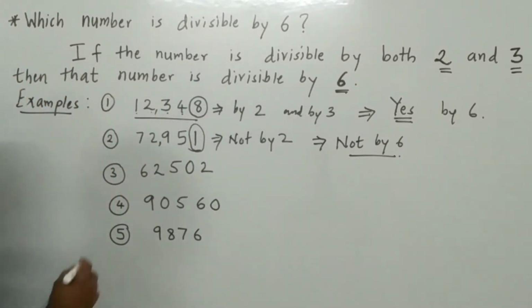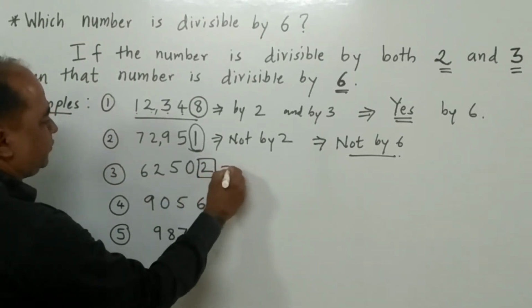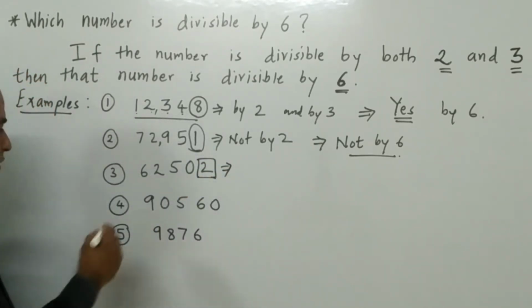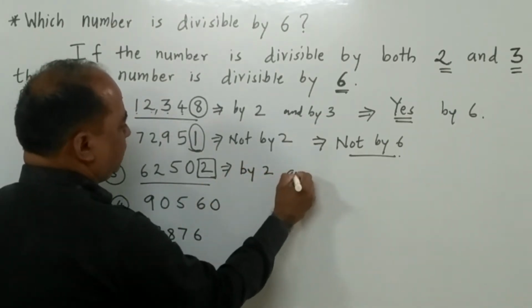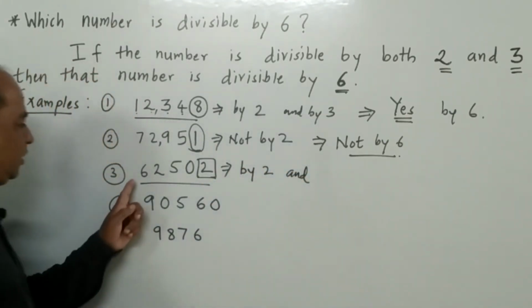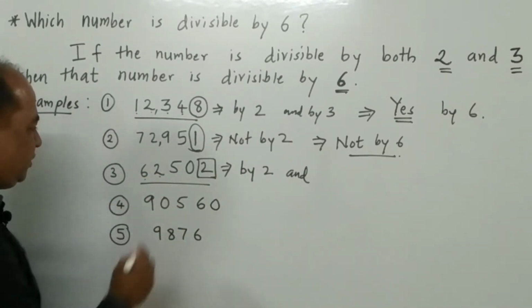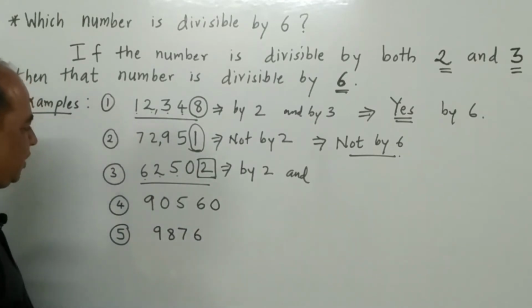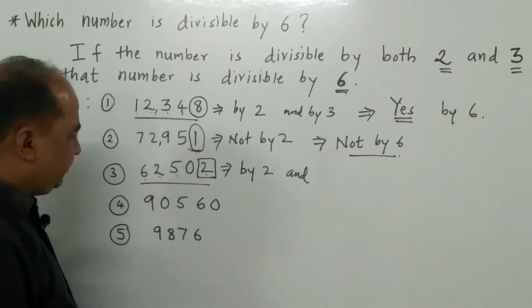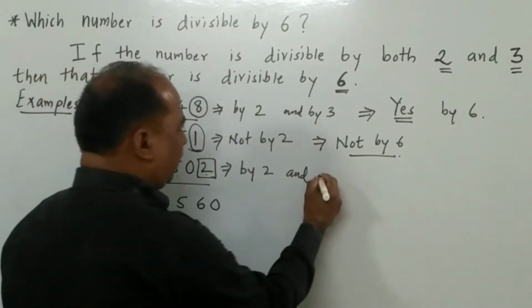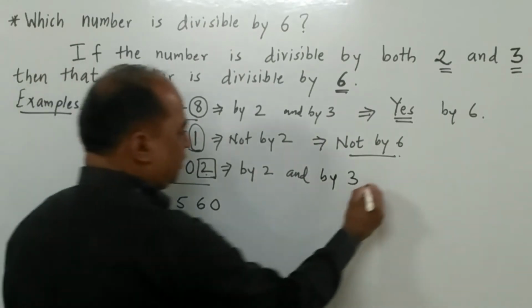Third example, the last digit is 2. So this number is divisible by 2. And the sum of the digits: 6 plus 2 is 8, 8 plus 5 is 13, 13 plus 2 is 15. 15 is a multiple of 3, so it is divisible by 3.